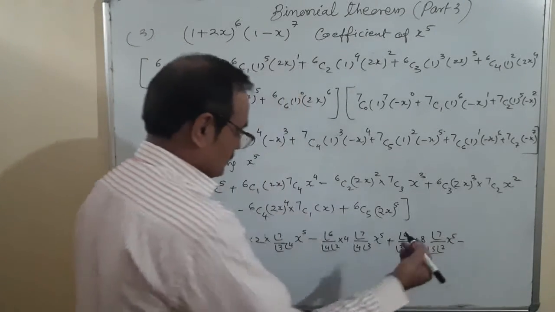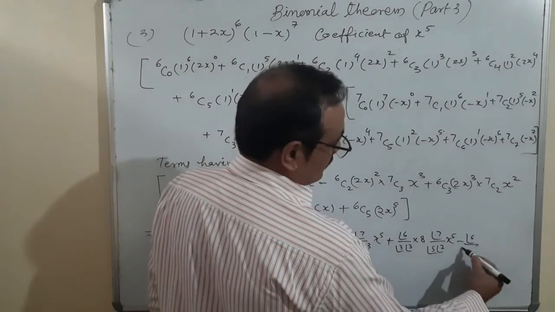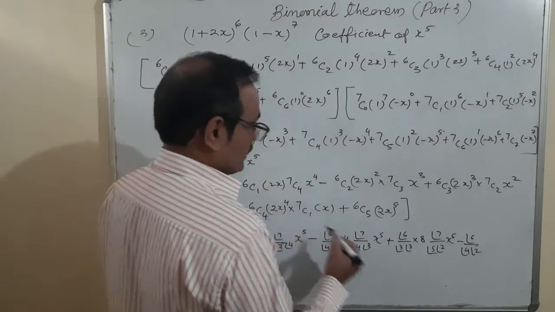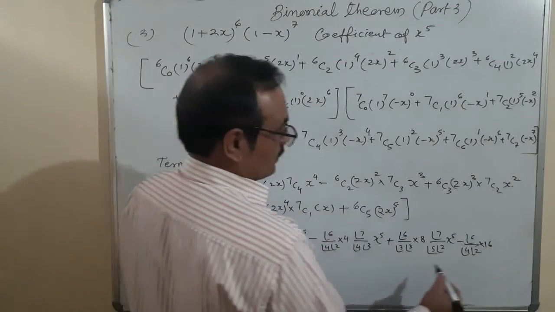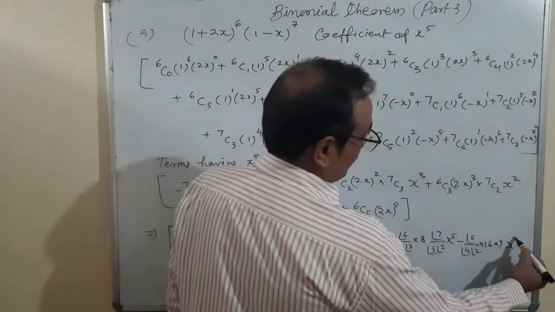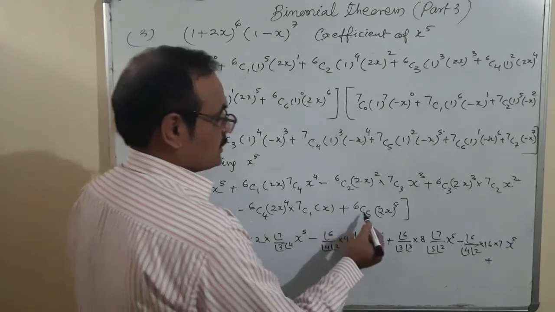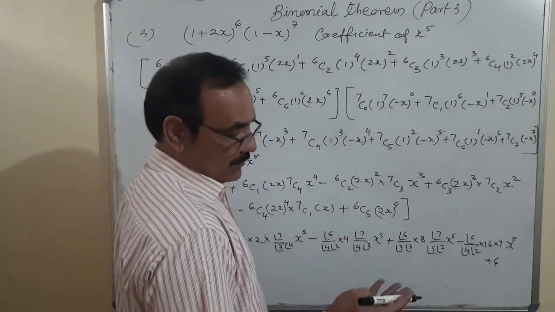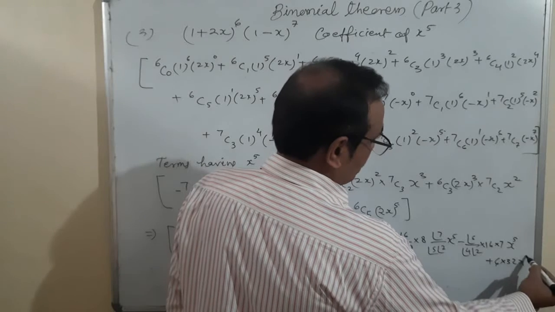Signs are coming sequence wise: plus, minus, plus, minus, plus. 6c4, factorial 6 upon factorial 4 and factorial 2, 2 to the 4, 2 to the 4 is 16, and 7c1, that is 7 x to the power 5, and plus last term, this is 6c5, it is 6, 2 to the power 5, 32. So 32 x to the power 5.